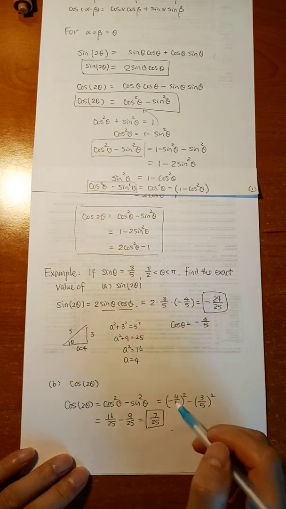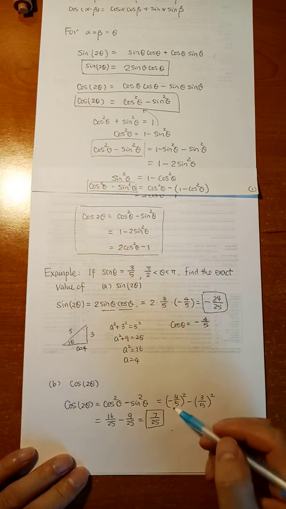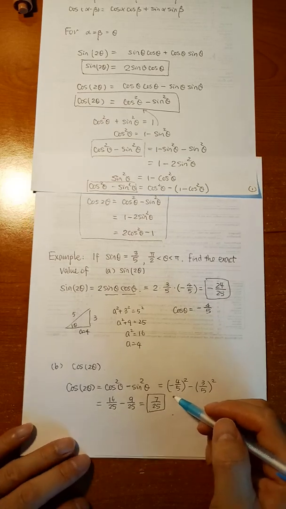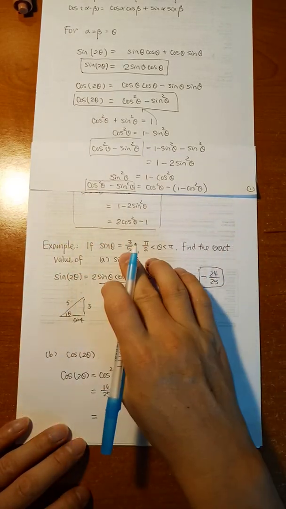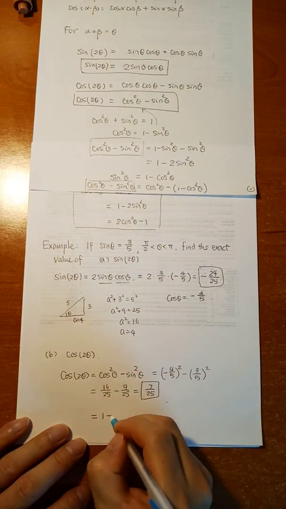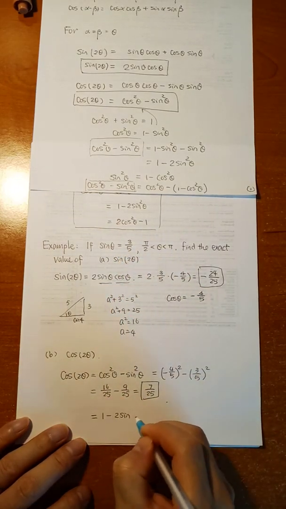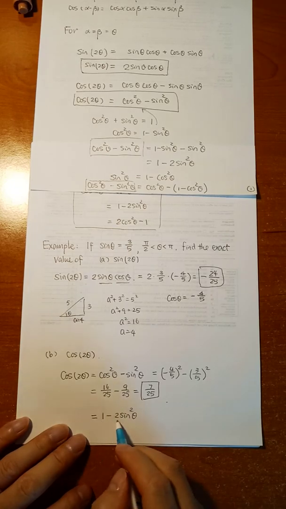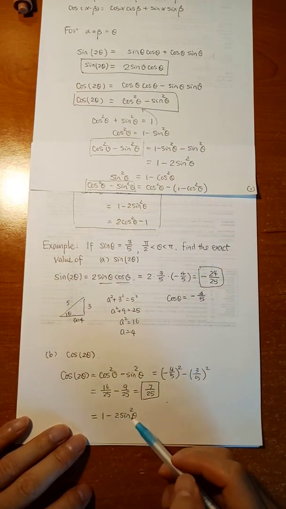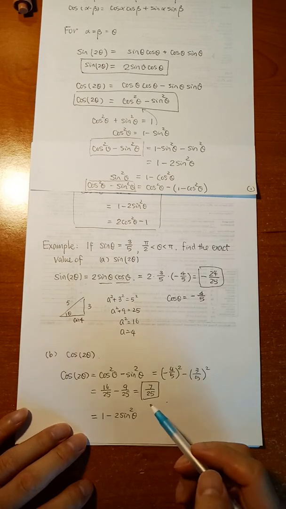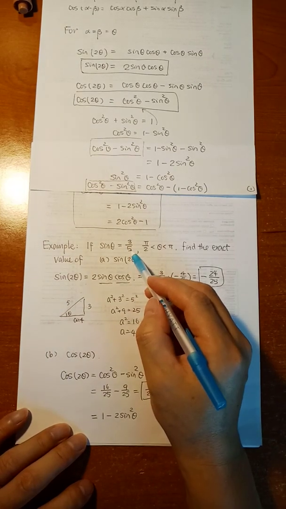We know the cosine theta, so we don't feel any difficulty or any additional computation. But if you didn't do the first one, you just directly get this. Possibly this one is easier because of the second expression, 1 minus 2 sine theta squared, you don't do anything. You just plug in the data.